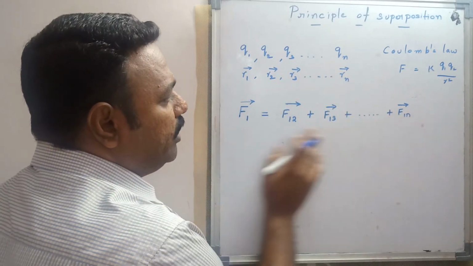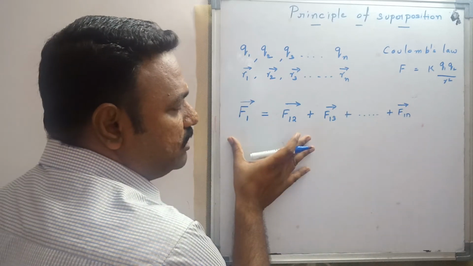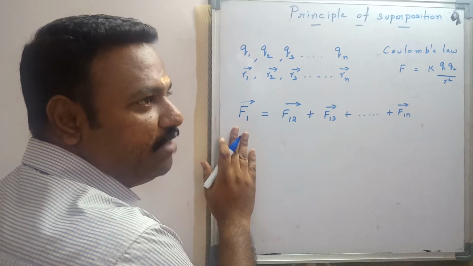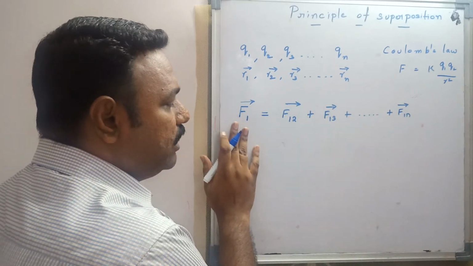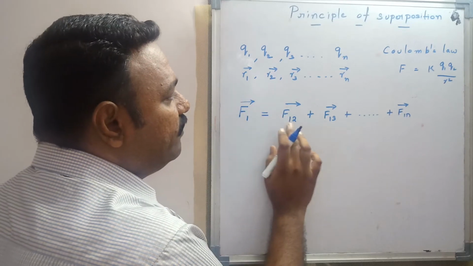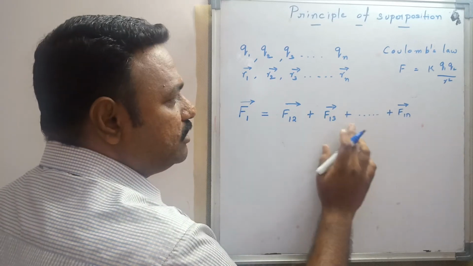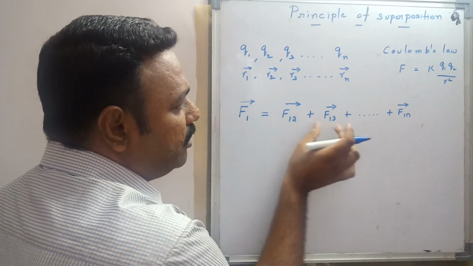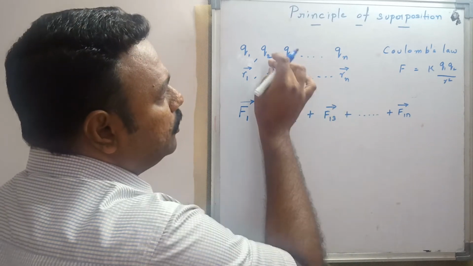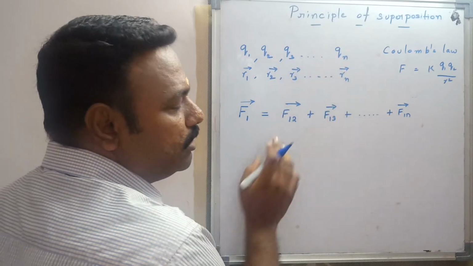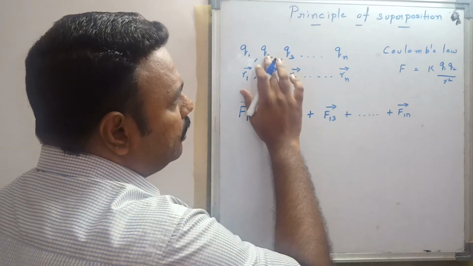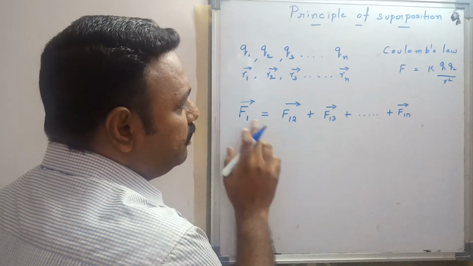From this what you can infer is that the force on any charge in a multiple charge system is nothing but the vector sum, because we are summing up vector quantities, of the individual forces exerted by individual charges like Q2, Q3, up to Qn on the first one.